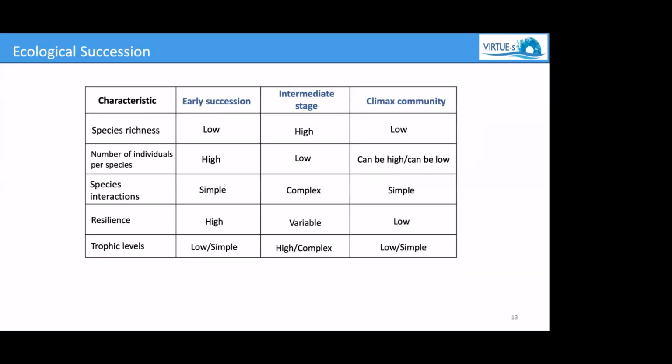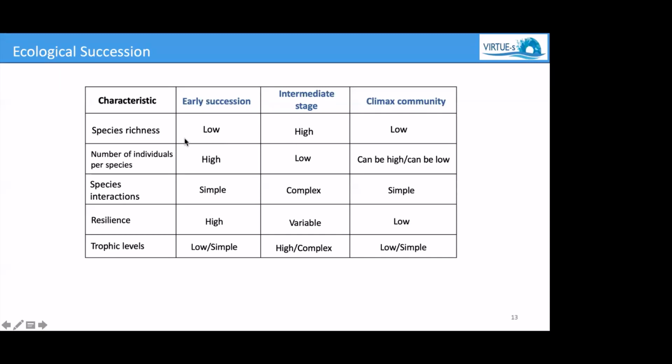So if we are going to characterize the different stages of succession, we have early succession, the intermediate stage, and the climax community. In terms of species richness, in the early succession the number of species will just be limited. In the intermediate stage you have a high species richness, and in the climax community it becomes low again. Why is it high in the intermediate stage?